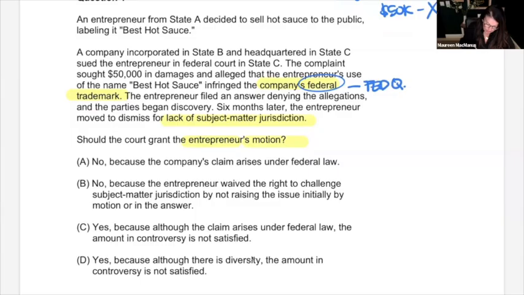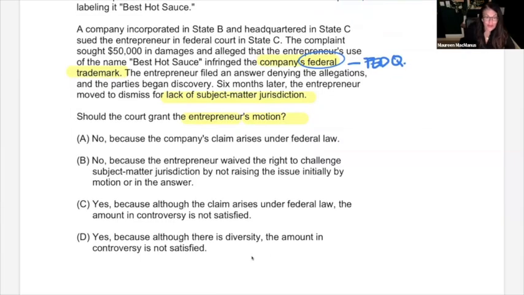All right, so should the court grant it? No, because the company's claim arises under federal law. So this looks good. Sometimes people look at this and then they catch themselves that they've made an error, that they didn't identify in the fact pattern that there was a federal question here. So this is helpful because the correct answer is the first one. So, identify if this was you.